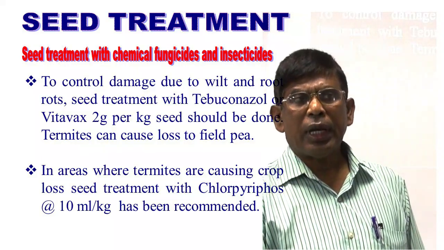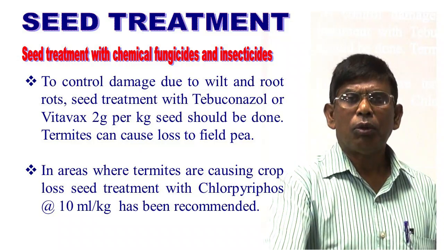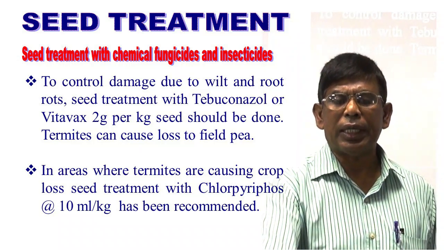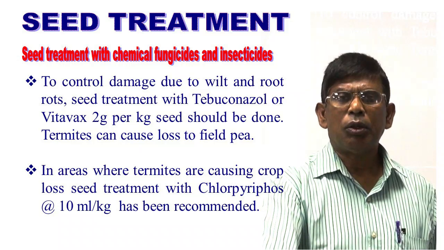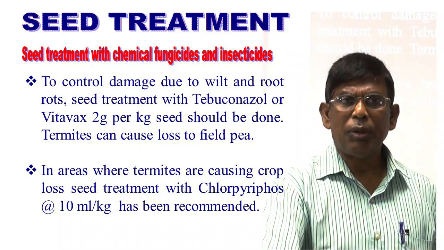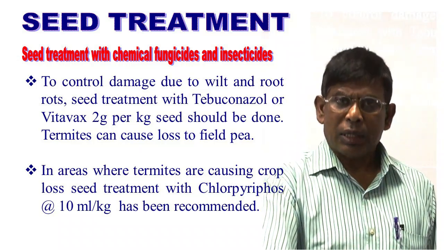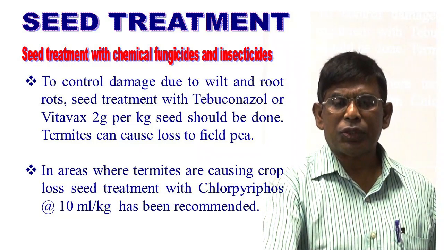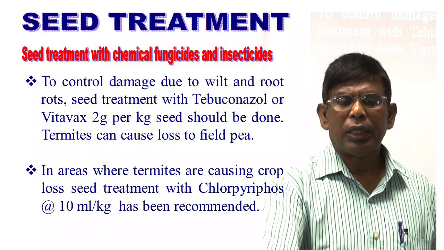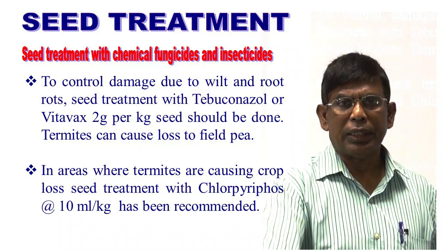Seed treatment is done with tebuconazole or Vitavax, 2 gram per kg seed, to check diseases like wilt and root rots. If there is incidence of termite or cutworm, then you have to treat the seed with chlorpyrifos, 10 ml per kg seed.